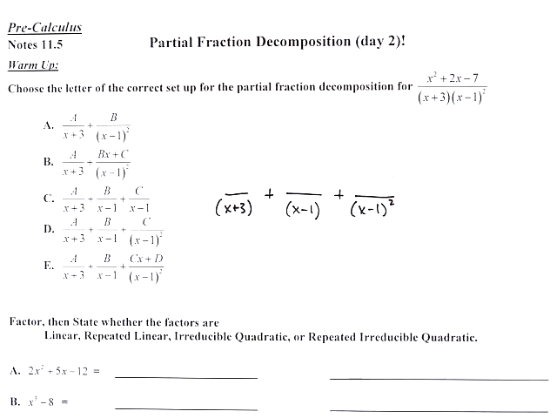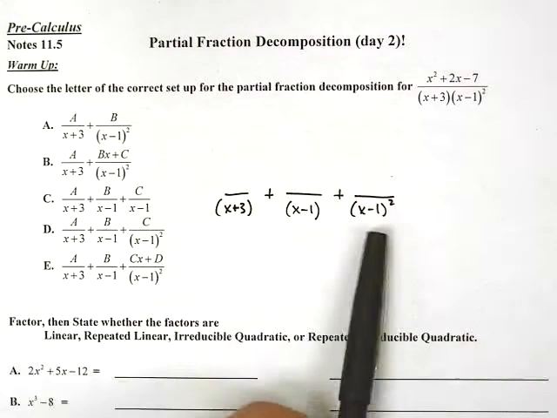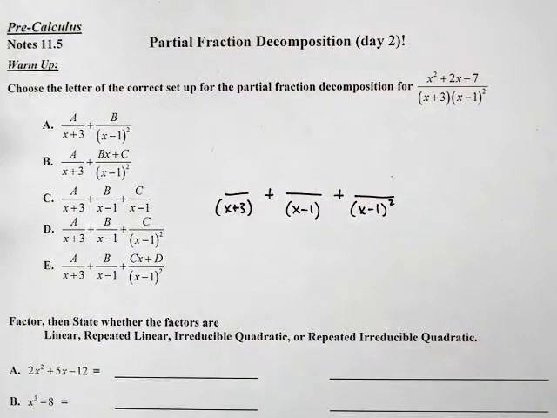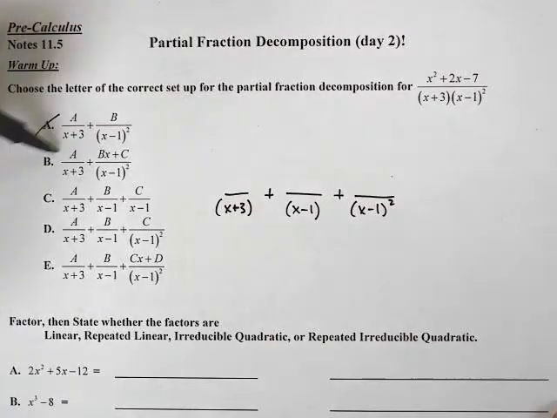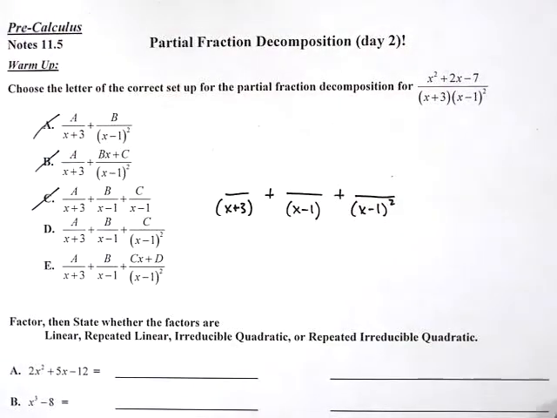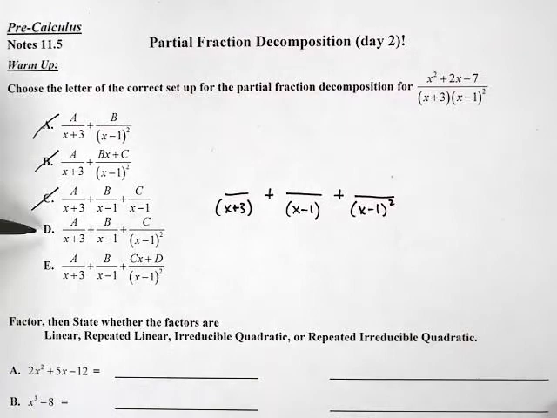So I now know that the denominators are going to look something like this, which means I can completely get rid of A, B, and C. Now it's just up to us to decide, is it D or E? For this, I hope you remember the trick that the numerator always has to be 1 degree less than the denominator.